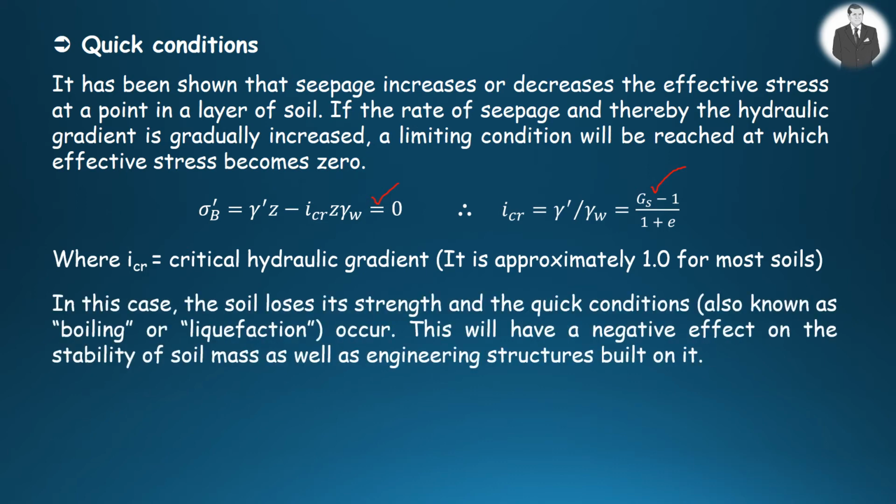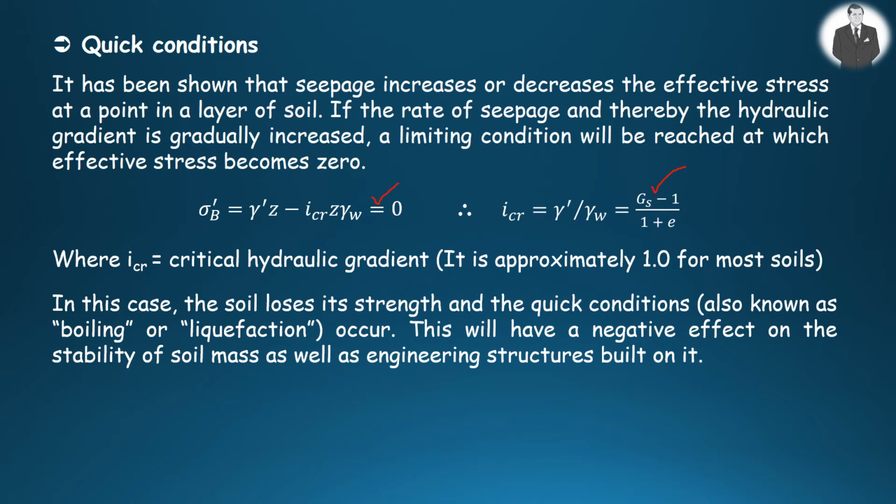Well, soil loses its strength and the quick condition, also known as boiling or liquefaction, takes place. This will have a negative impact on the stability of the soil mass as well as the engineering structures standing on it.